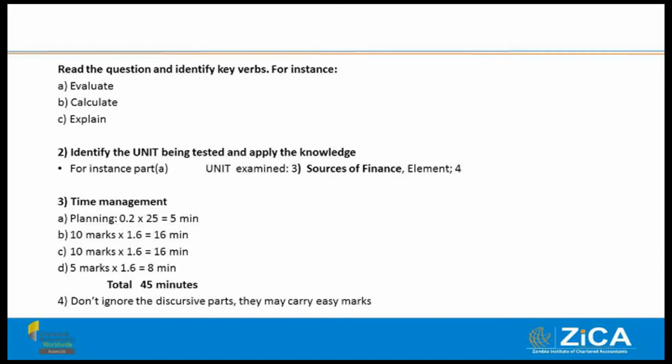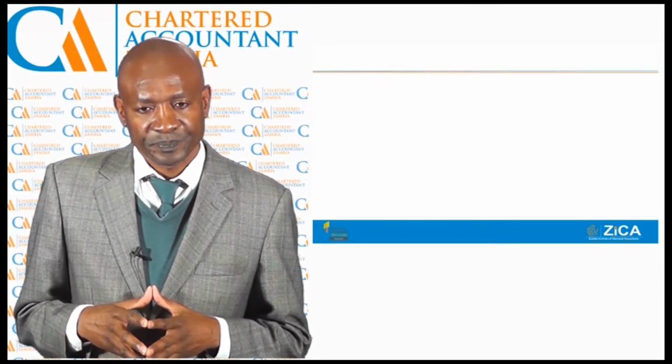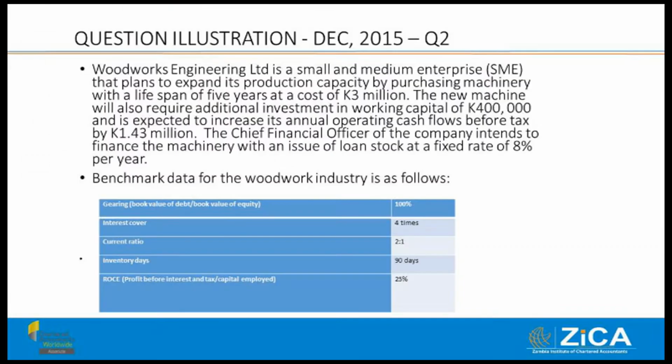I'll move on and look at another question that deals with computations. This is drawn from December 2015, the second question, and it is based on ratio analysis. It's a standard ratio analysis question that you'd find in D2 financial management and other financial management papers under the ZICA program.